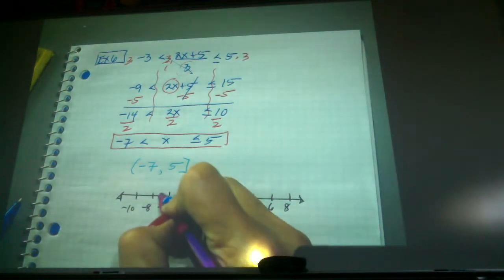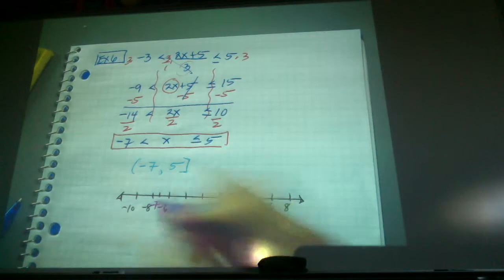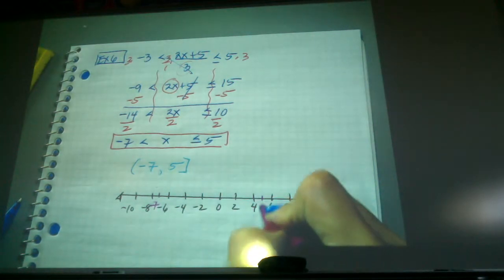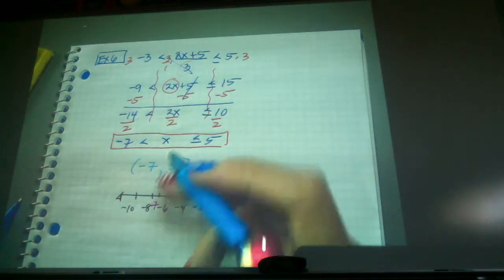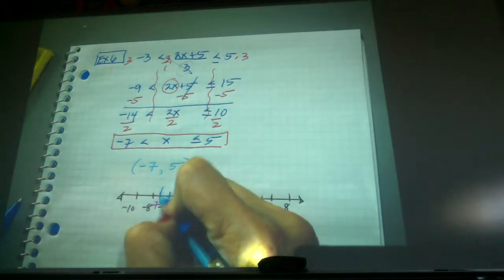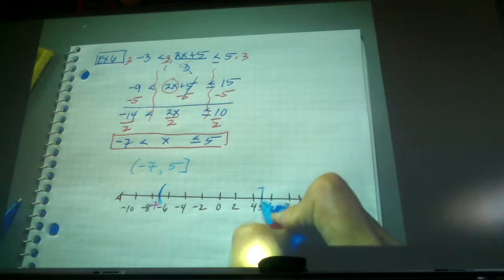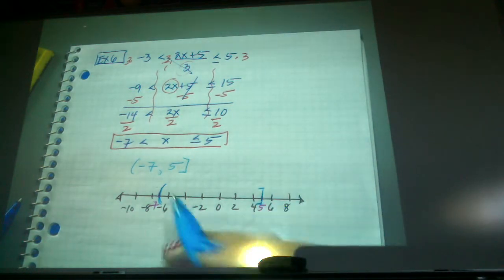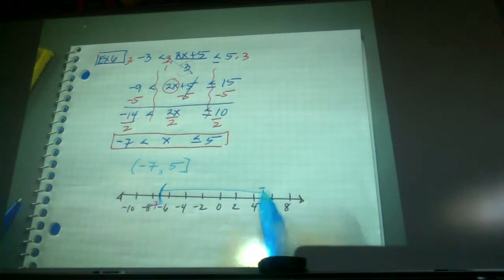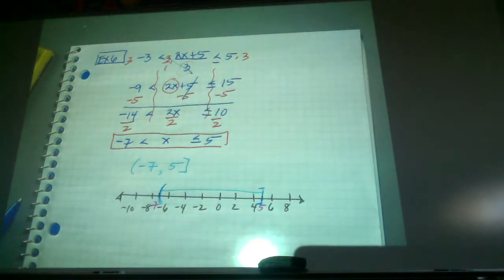So here's my negative 7, and here's my positive 5. So I have parentheses on the negative 7, and a bracket on the positive 5. And I should have a line in between. Let's check it.